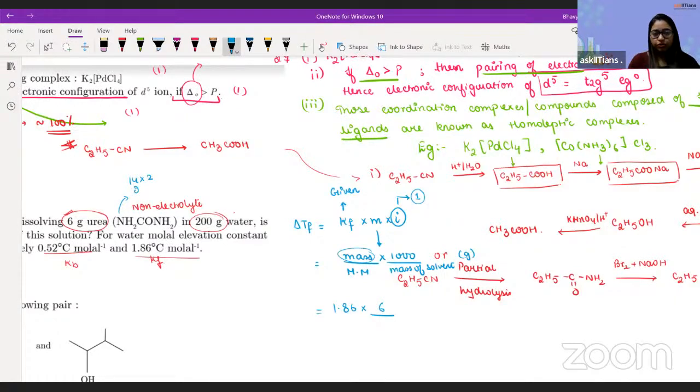There are total 4 hydrogens, so 4 into 1. 12 into 1 is for carbon, 16 into 1. So I just have to add this mass to get the molecular mass. I think it will come around 60, into 1000 by mass of the solvent, which is given as 200 grams.